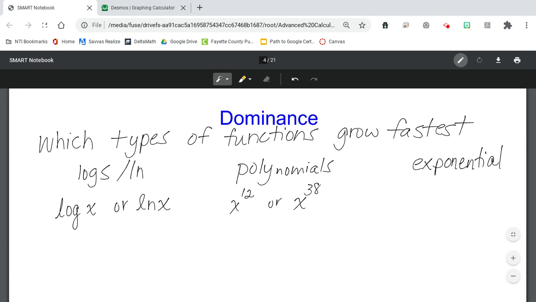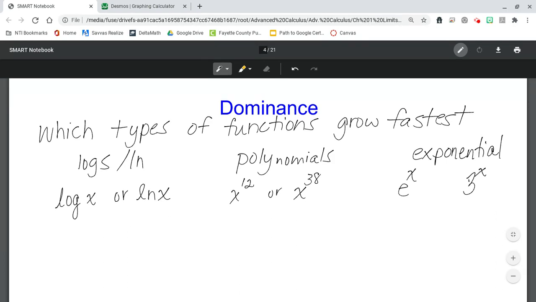Those are polynomial terms because the base is an x and the exponent is a constant or a number. The exponential terms are the terms that have an x as the exponent. So you might see e to the x or maybe 3 to the x. And so we are going to compare these three functions and see which type grows the fastest, because that's really going to help us figure out our limits today.